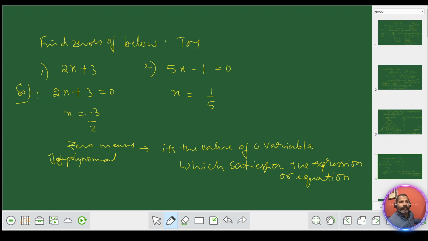Which satisfies the equation, that's called the zero of the polynomial. Let's move on. What do we mean by geometrical meaning?